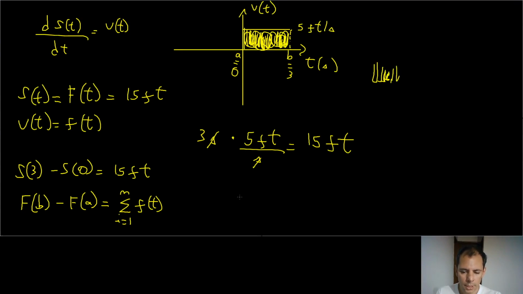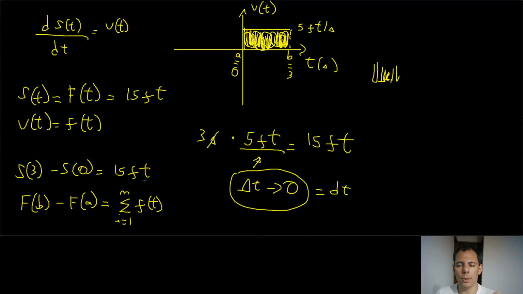So you see, in here we don't have delta x, guys. Here it's t, so we have delta t, okay? We can say that as delta t goes to 0, this whole thing becomes dt, which is a very small amount of change in t.